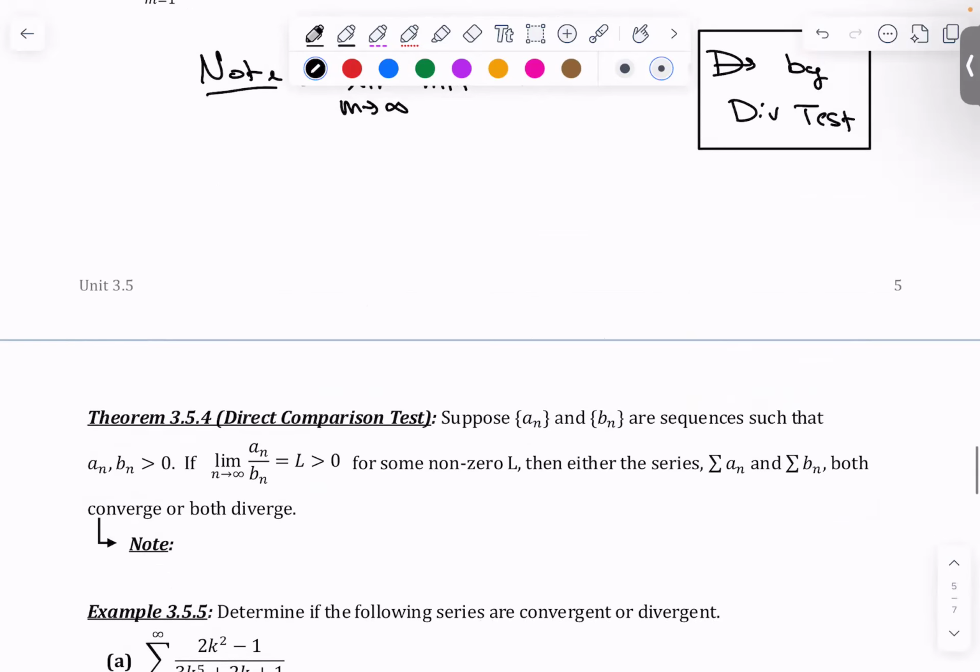All right. Now, this is the one that a lot of students love far more, and it's very clear why it's far better, because you don't have to sit there and think about which one's larger and which one's smaller. The direct, oh, that's supposed to say limit comparison. Apologies.